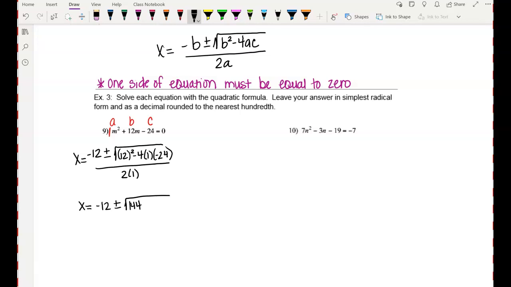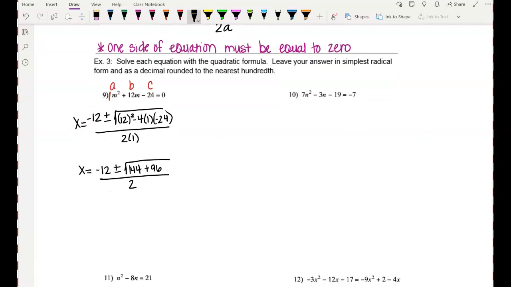Negative 4 times 24 is positive 96. All divided by 2. So I take the 144 plus the 96, and I get 240.